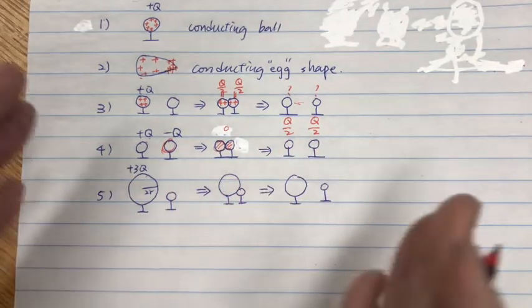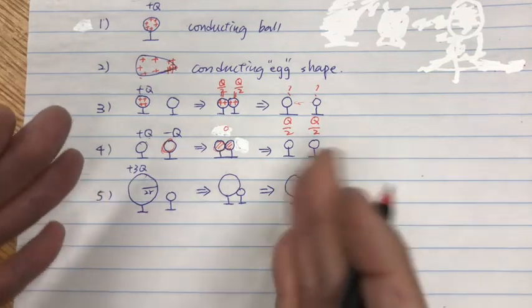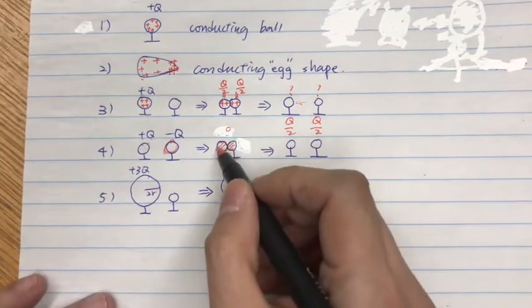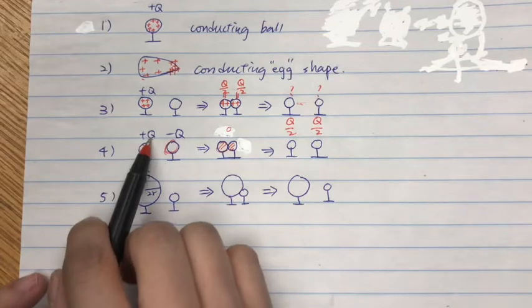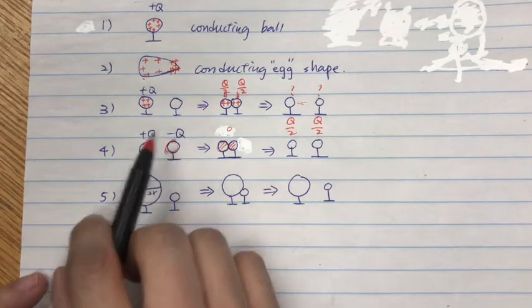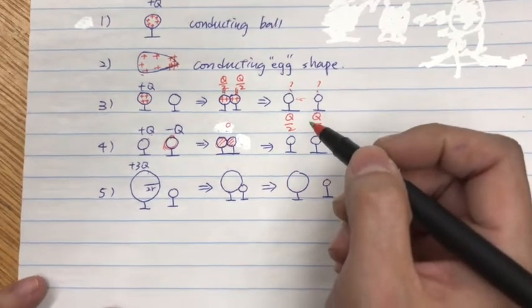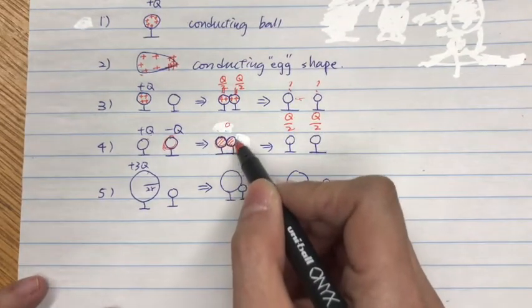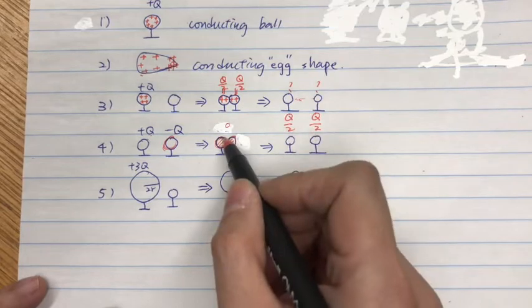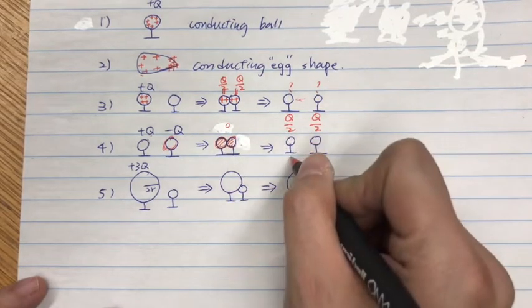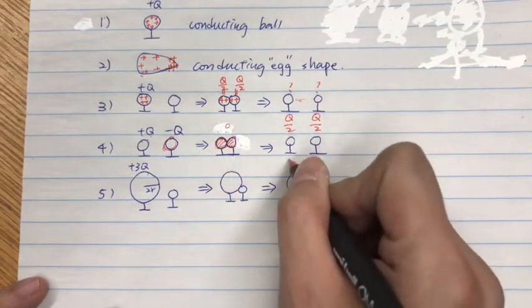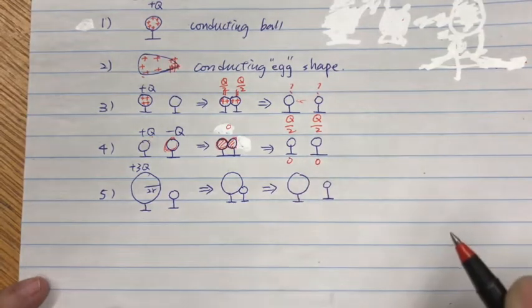It's not that they completely have no charge, but the net charge is 0 on both sides, because part of the positive charge goes here, part of the negative charge goes here, and they balance out eventually. And you can see it is indeed equal potential, the potential is the same in this structure. So when you separate them, this one carries no charge, this one carries no charge.